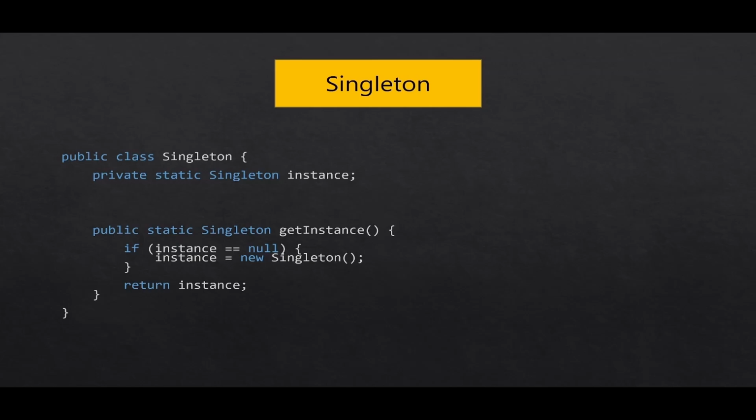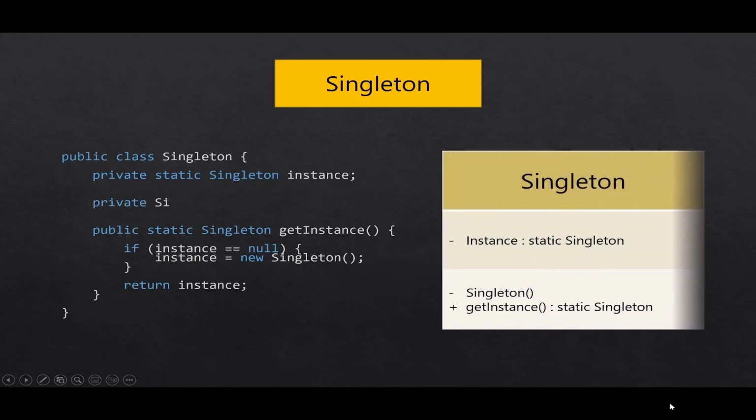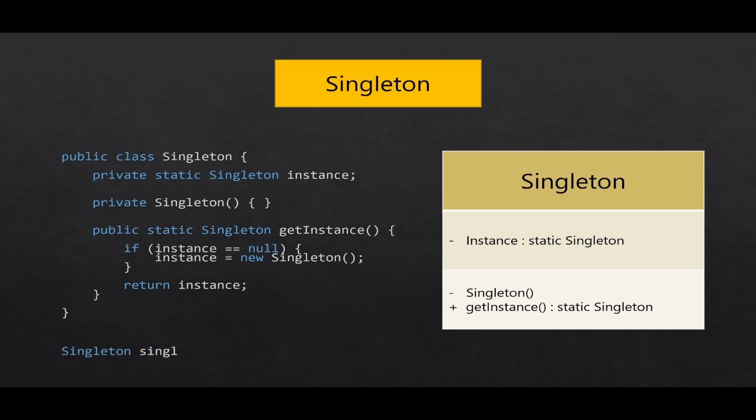This function will also be static. Finally, the last step is to make the constructor of the class private so that the class object cannot be created from outside of the class. This is how we implement the singleton pattern. To create an object of the class, we simply call the getInstance method from the class, as we have shown here.